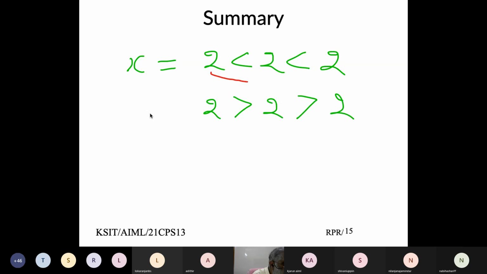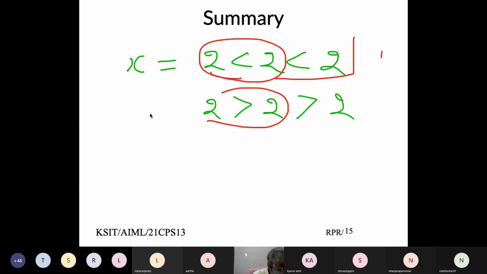Look at 2 less than 2, which is false, and 0 less than 2 is true, so the answer would be 1. For the other one, this is false and gives you 0, and 0 greater than 2 is false, so this would be 0. So you have to look at it accordingly. The answers would vary. This is called left to right association.